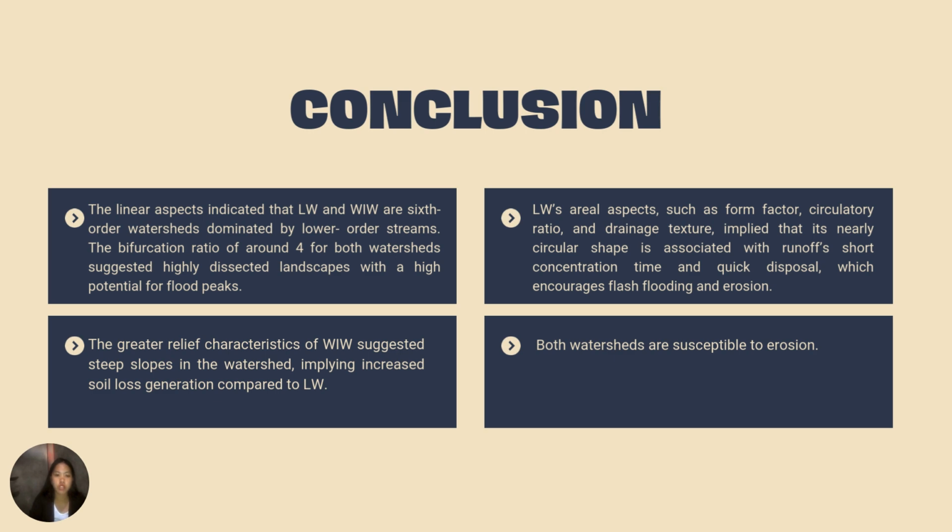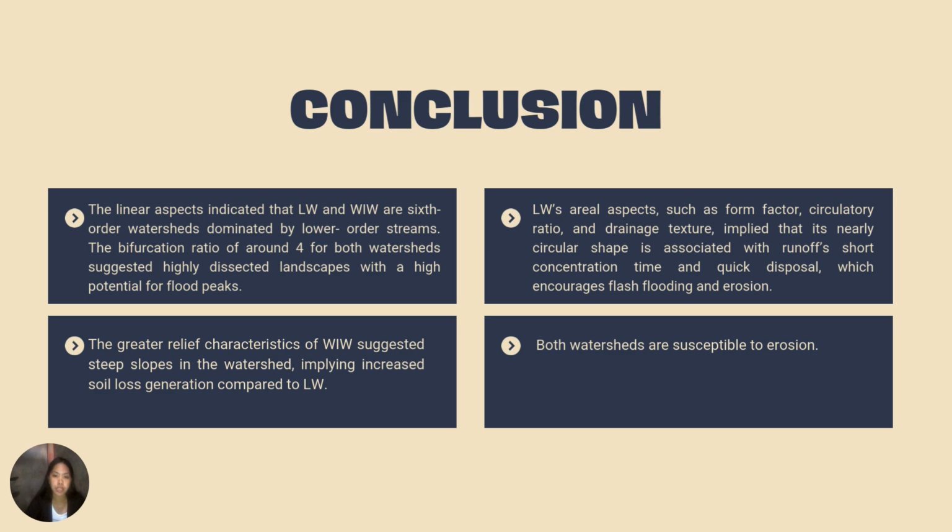The researchers concluded for the linear aspect that LW and WIW are sixth order watersheds dominated by lower order streams. The bifurcation ratio of around 4 for both watersheds suggests a highly dissected landscape with a high potential for flood peaks.